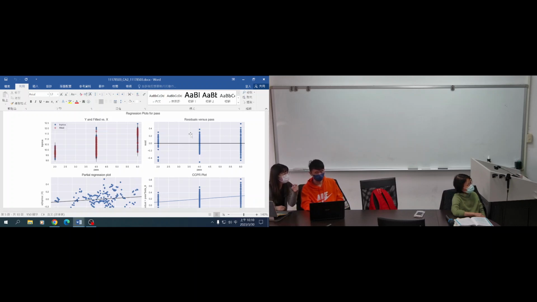That indicates a heteroscedasticity concern, given that the residual values for 2 are lower than 4, and 4 is lower than 6.